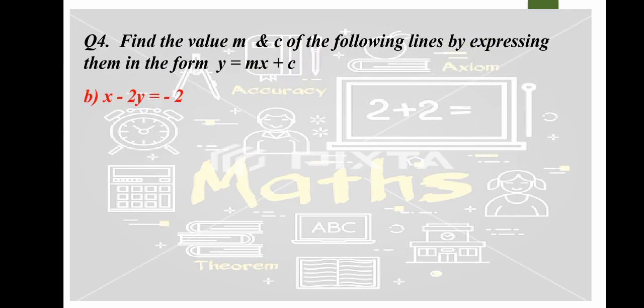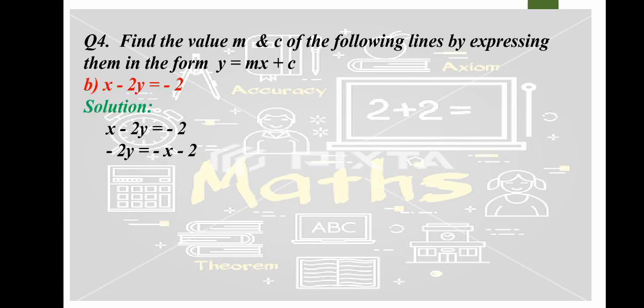Next part, B part, is x minus 2y equals to minus 2. Here, moving x towards the other side, the equation will become minus 2y is equal to minus x minus 2. Now minus 2 is multiplied by y. When it moves towards the other side, it will be divided into the expression minus x minus 2.